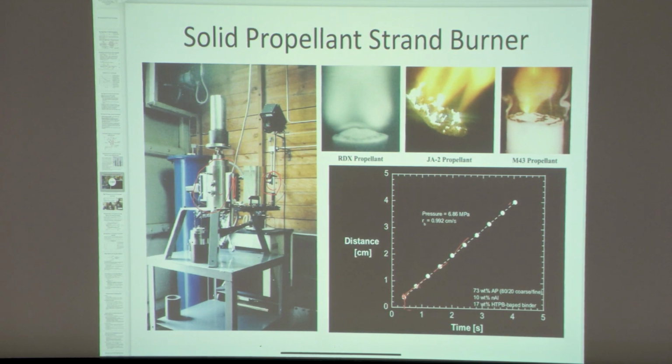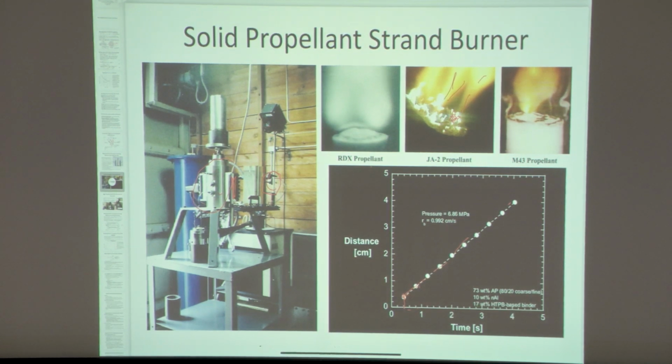I'll show some examples so you can see that the surface of this burning process can be very complicated, and sometimes the surface is not always uniform. On the left here is RDX. I showed you an example of that. With JA2 here, you can actually see carbonaceous material come to the surface and burn like soot particles, carbon particles that are attached. You get high luminosity from that.